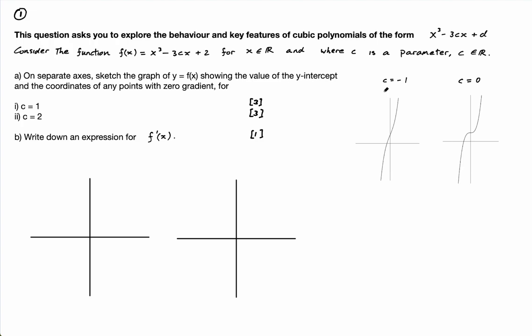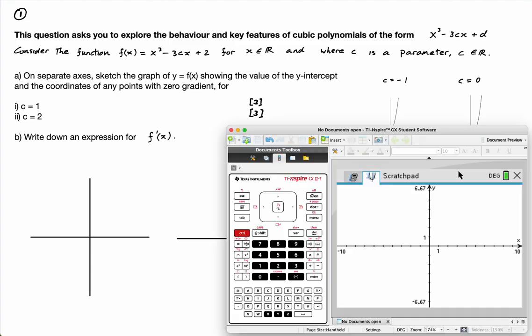Okay, so how do I do that? Well guys, paper 3 is a calculator paper. Take out your calculator and graph it, right? So we are going to graph, now c is 1, so it's x cubed minus 3 times 1 times x, which is just minus 3x, plus 2, and this is the graph.